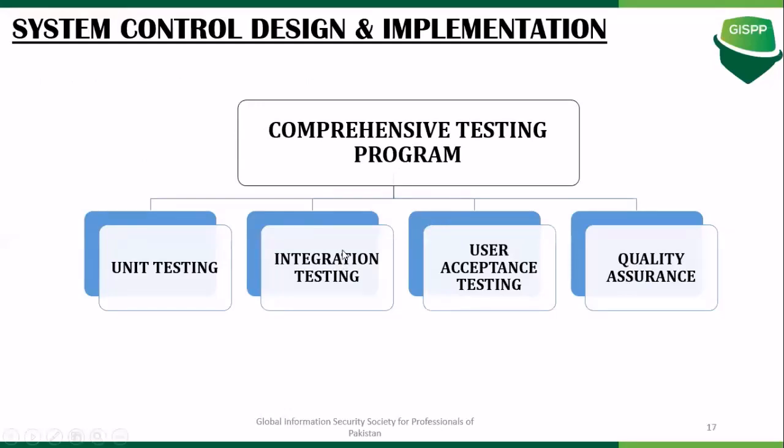Now if you see again, we developed the risk response, then we developed a risk action plan, then we checked what are the various controls that we have. Now we are coming to the system design and the implementation. Whenever any particular controls are designed, they have to undergo a comprehensive testing program, which can entail your unit testing, your integration testing, your UAT or user acceptance testing, or your quality assurance.